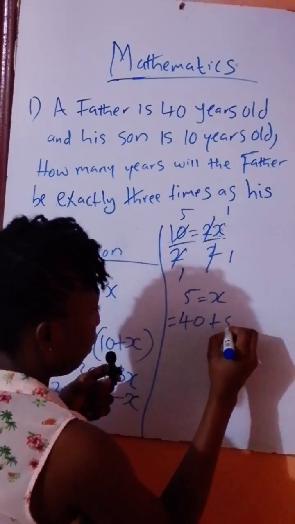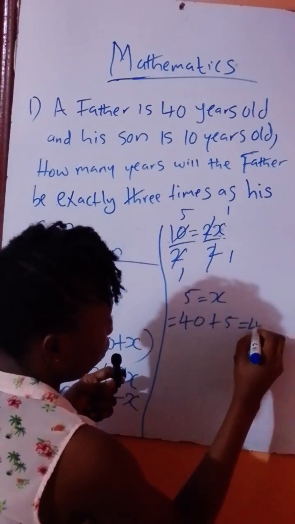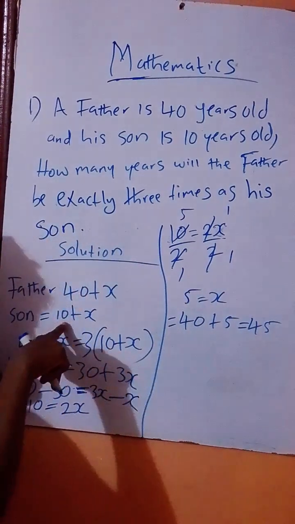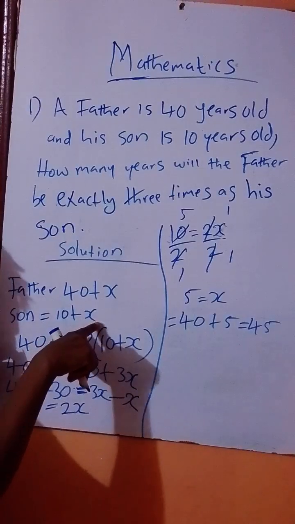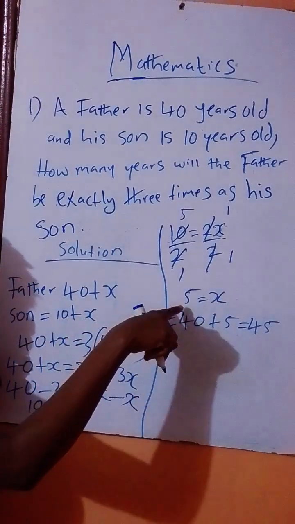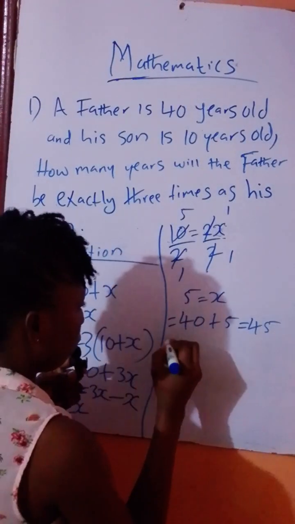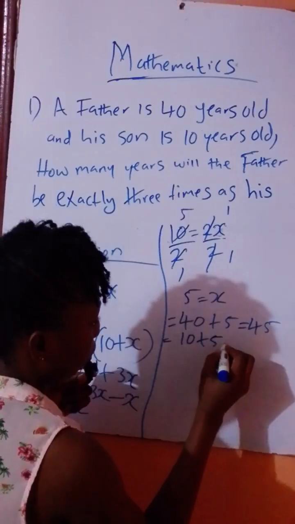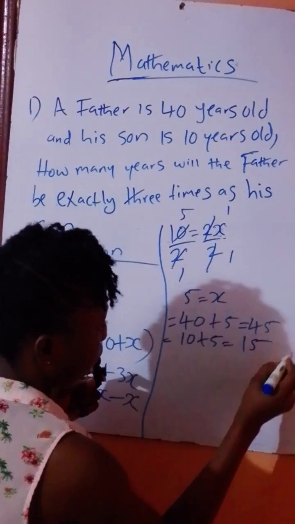We add 5 here, which gives us 45. Then for the son, we have 10 plus S, we write 10 plus, replacing this S with 5, equals 15.